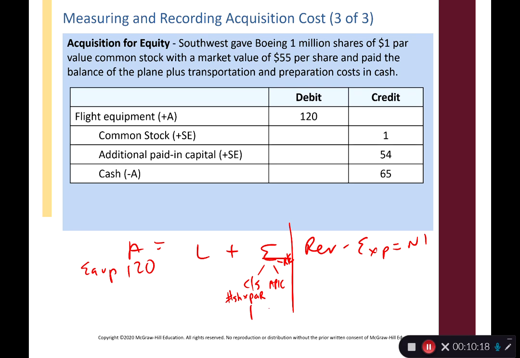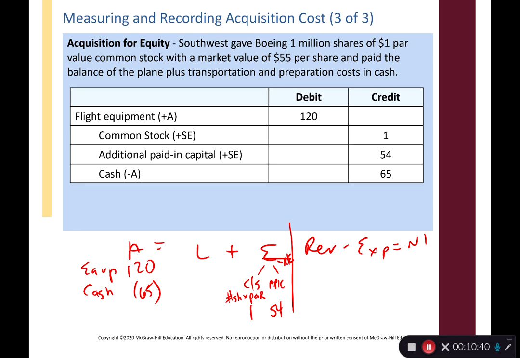And then the market value is 55, so the excess goes to additional paid-in capital, which would be 54. And then the remainder that we owe, which is 65, would come out of our cash. So we paid 65 of the 120 in cash, leaving us with 55 million, which we covered with stock.